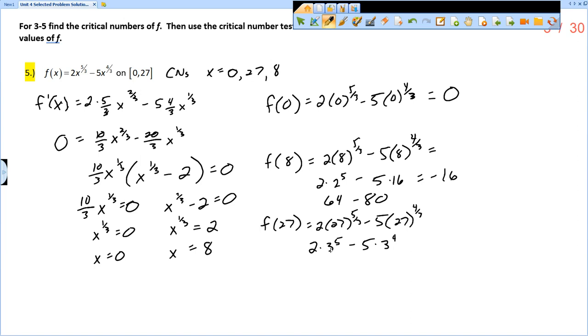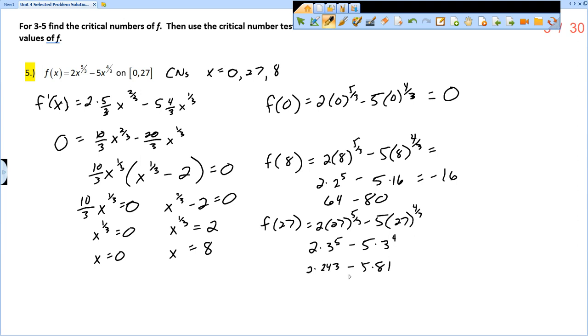Remember, 3 times 3 is 9, times another 3 is 27, times another 3 is 81. So 3 to the fourth is 81, and 3 to the fifth would be 81 times another 3, which is 243.